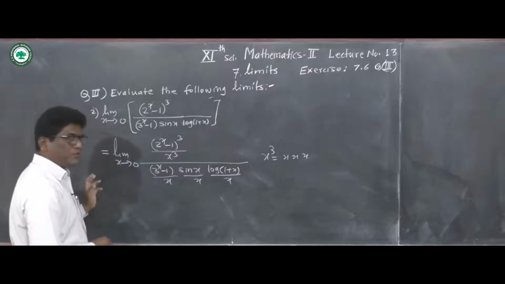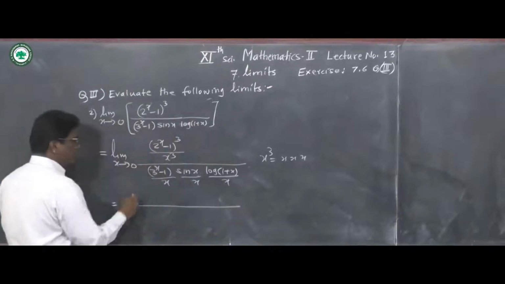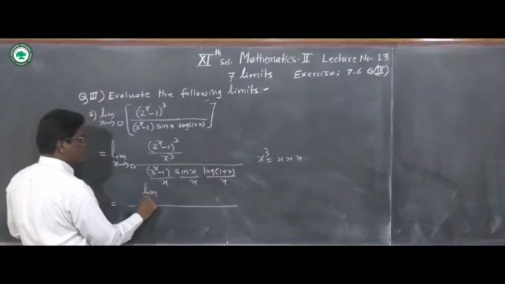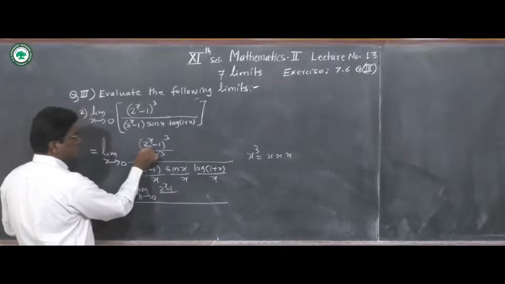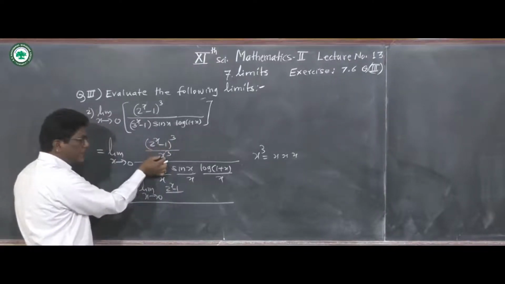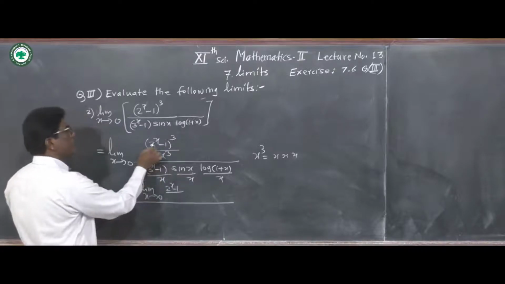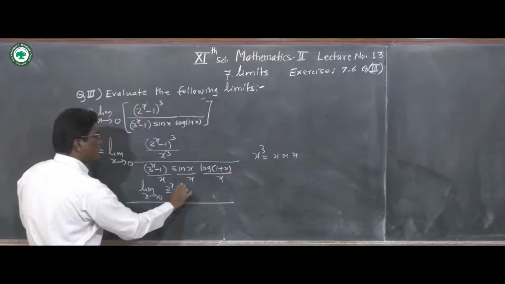Now separate the limit to every term. In the numerator we write limit as x tends to 0 of 2 to the power x minus 1, here numerator cube divided by denominator cube. We write numerator upon denominator cube, so (2 to the power x minus 1) divided by x, and whole cube.